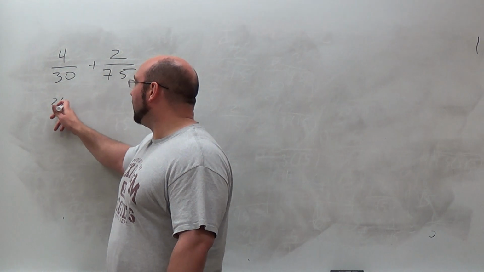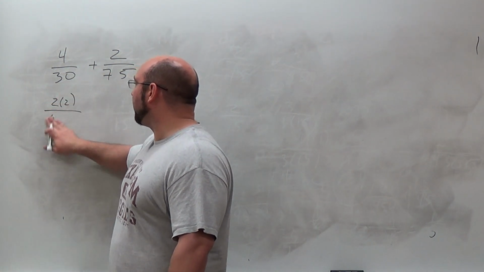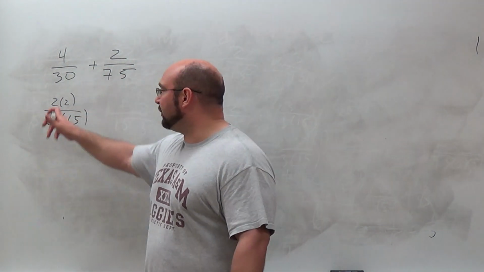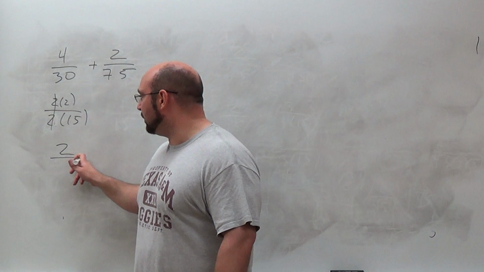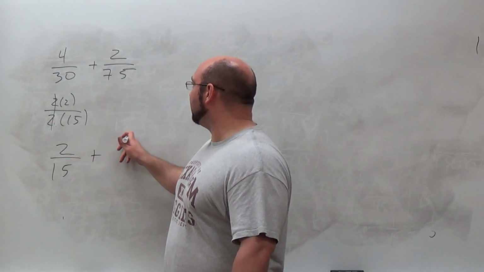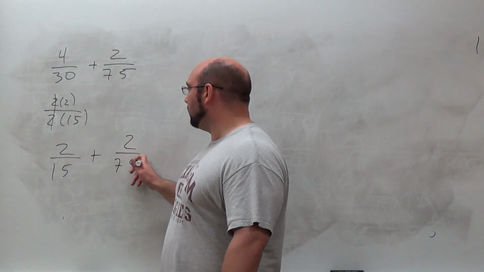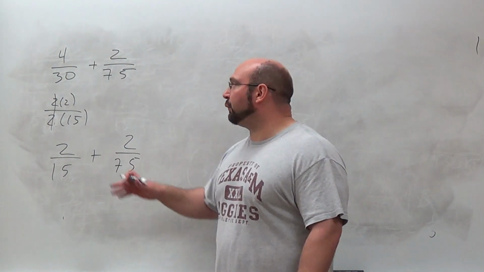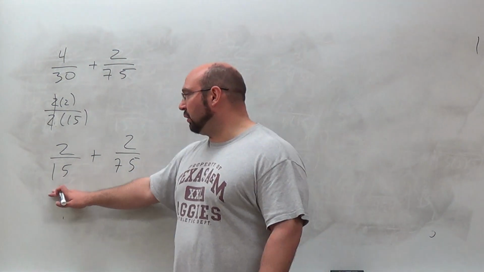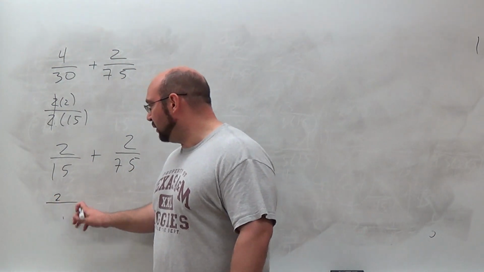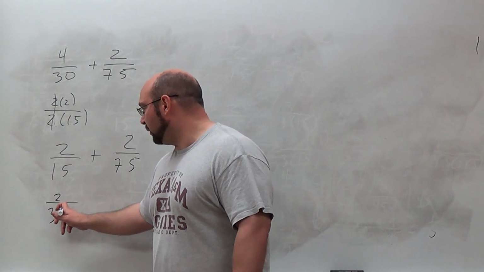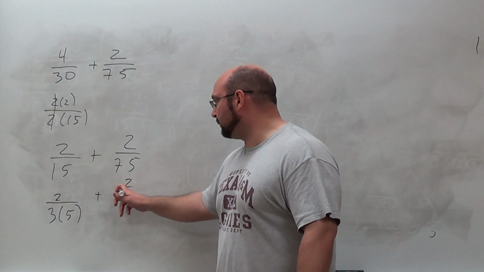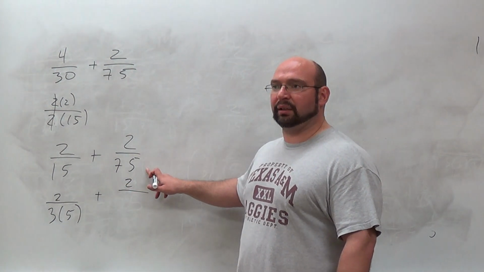This becomes 2 times 2 over 2 times 15, right? My 2's reduce out, so I know that this is 2 over 15 plus 2 over 75. Is everybody with me on that? Right? Okay, so from here, I can go ahead and say, well, I know this is 2 times 3 times 5 plus 2 times, I can divide this by 5, right?